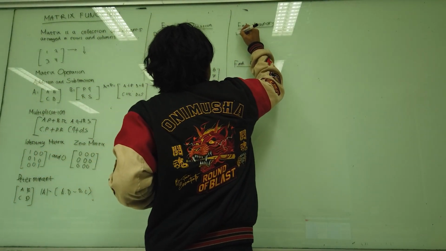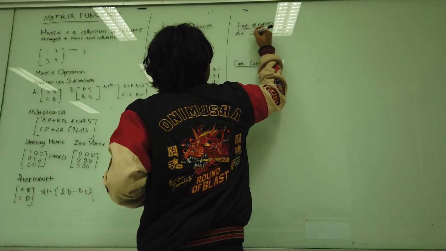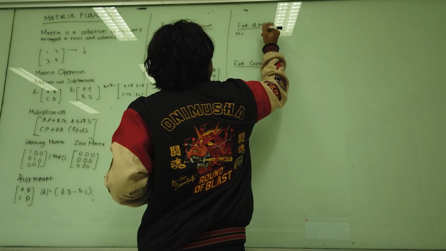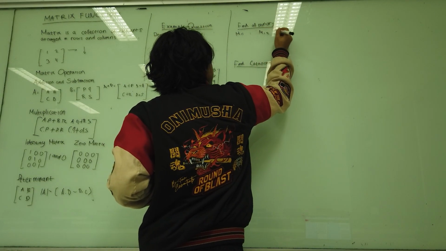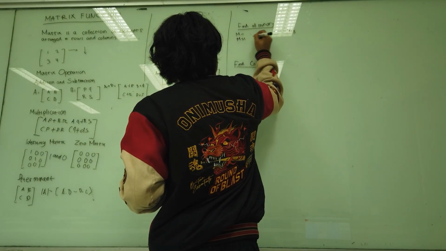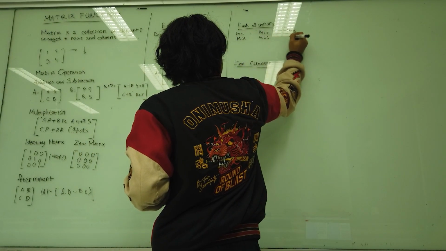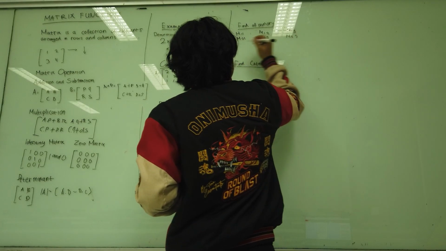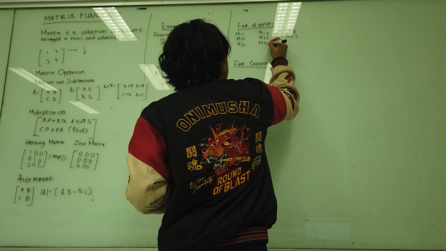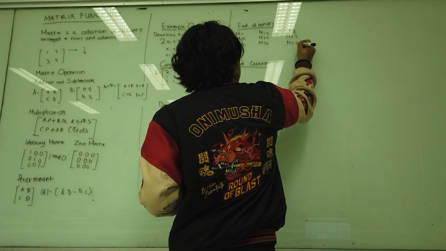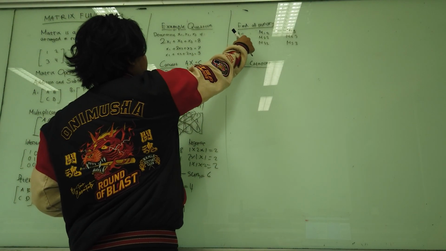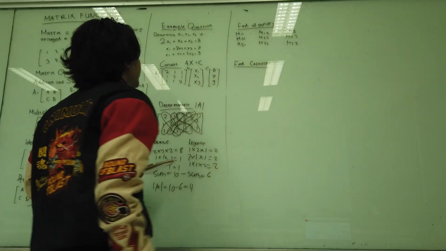So let's say M11 means that the first row and first column are hidden.